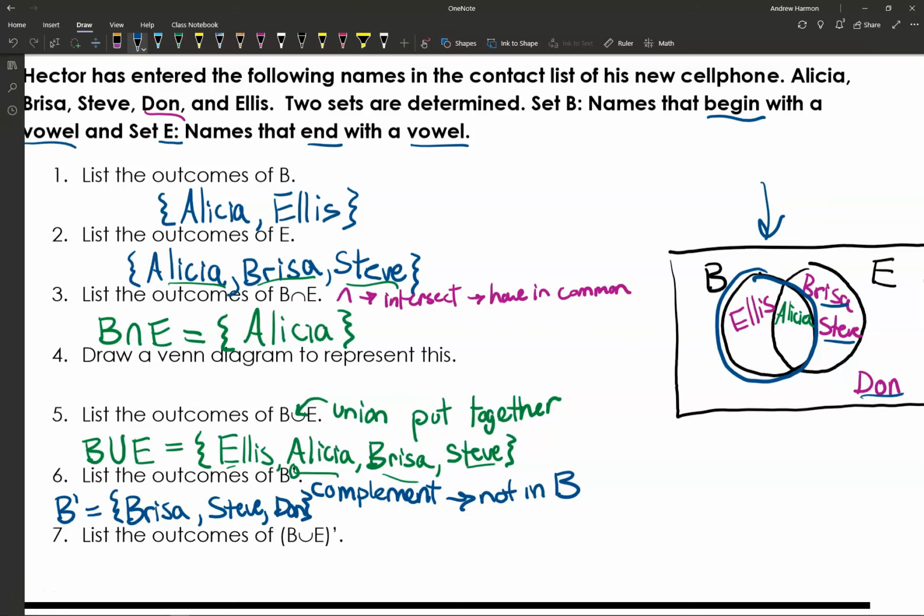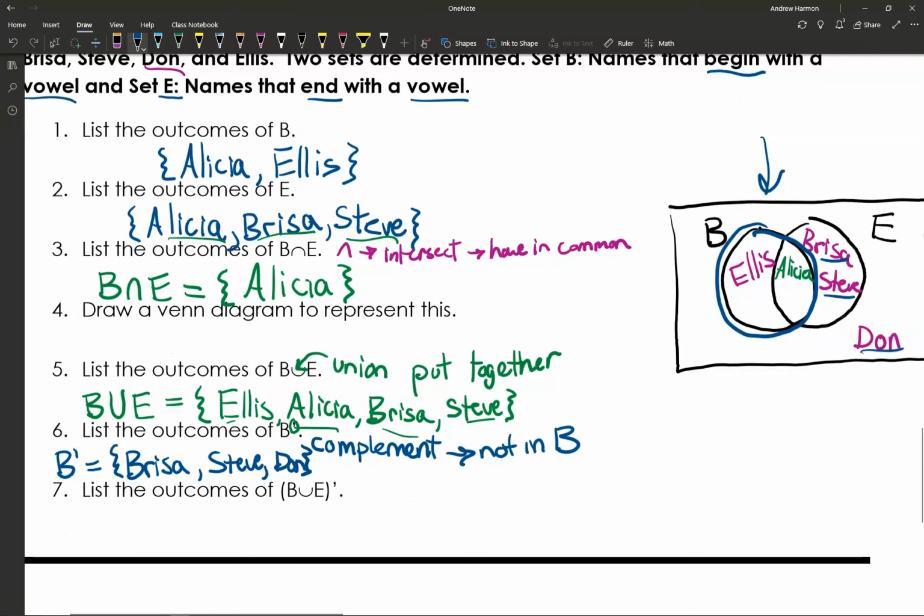Okay, now this last set is a list of outcomes of B, and remember this symbol here means union. So we're unioning B and E. But then, once we find that union, we have this apostrophe, which means complement. So what we want is everyone that is not in the union of B and E. So who is not in either of those sets?